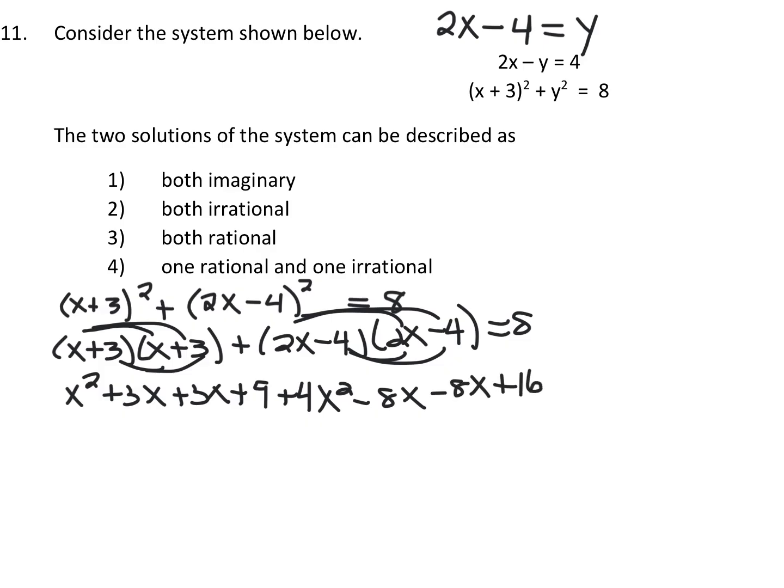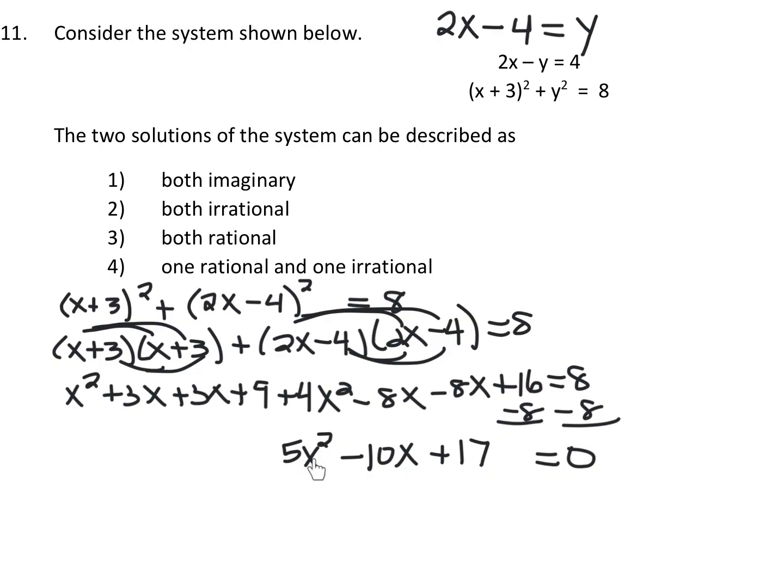We'll bring down the equals 8. All right, so I'm going to subtract this 8 from both sides of the equation to get the equation set equal to 0. And when I combine all my like terms over here, I'm going to be left with 5x squared minus 10x, and then plus 17 equals 0.